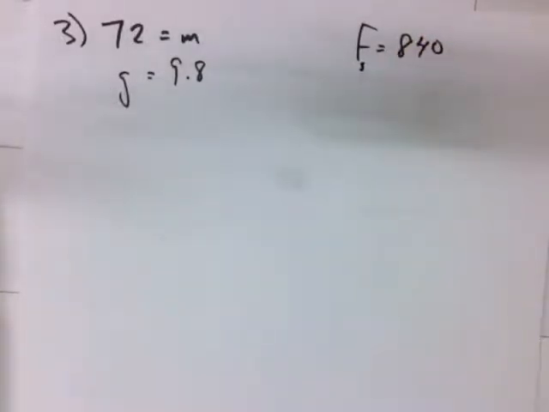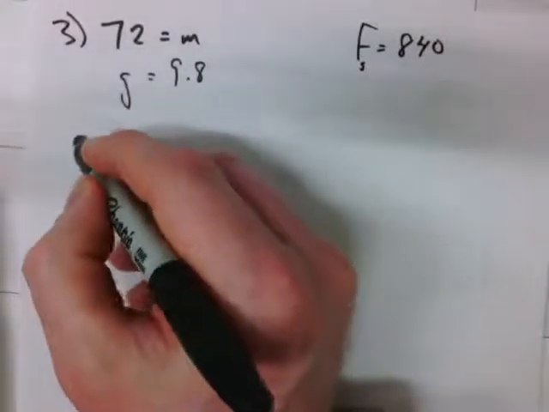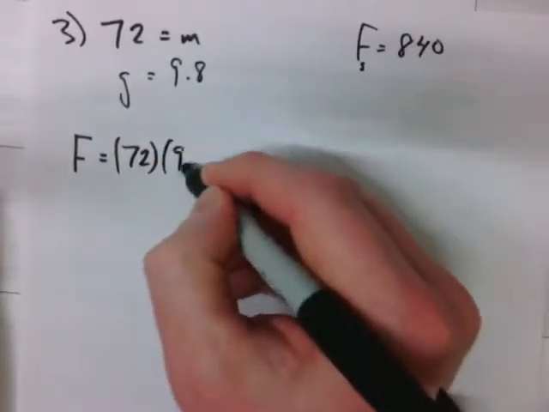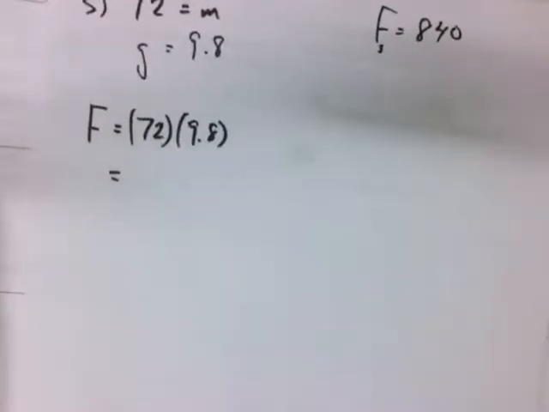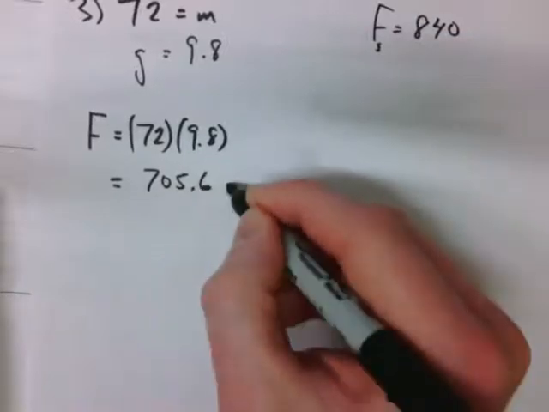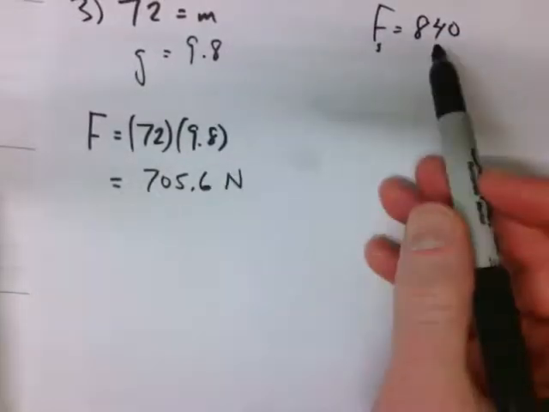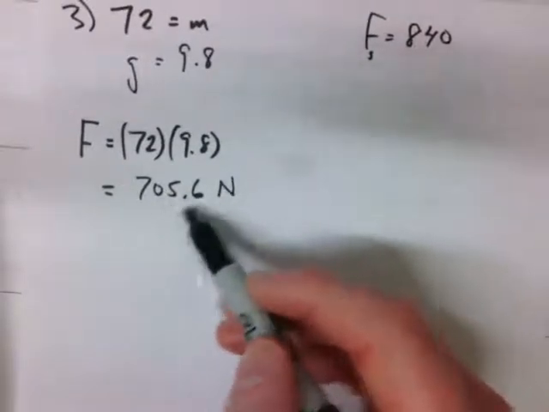Okay, a couple things to think of. First of all, under normal circumstances, this 72 kilogram person, 72 times 9.8, standing on a scale, just standing there, is 705.6 newtons. That is normal. When I say normal, I don't mean normal force, I mean they're just at rest, okay?